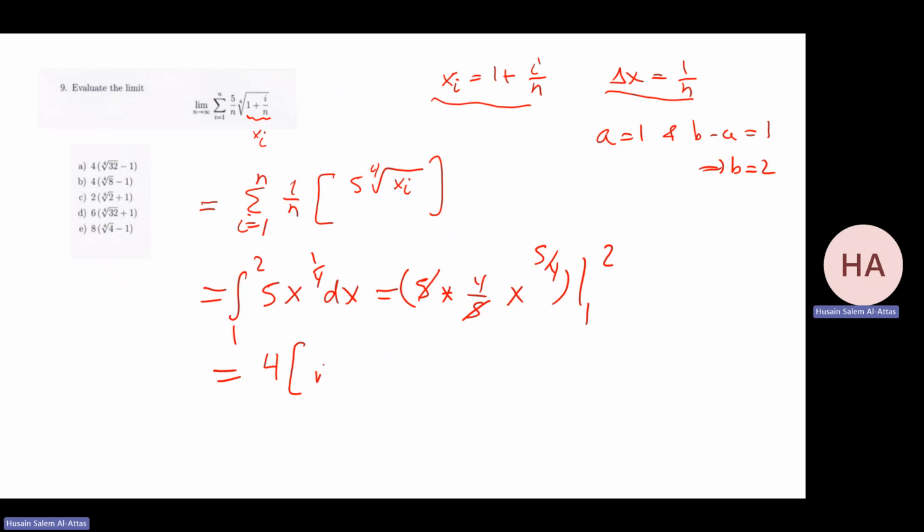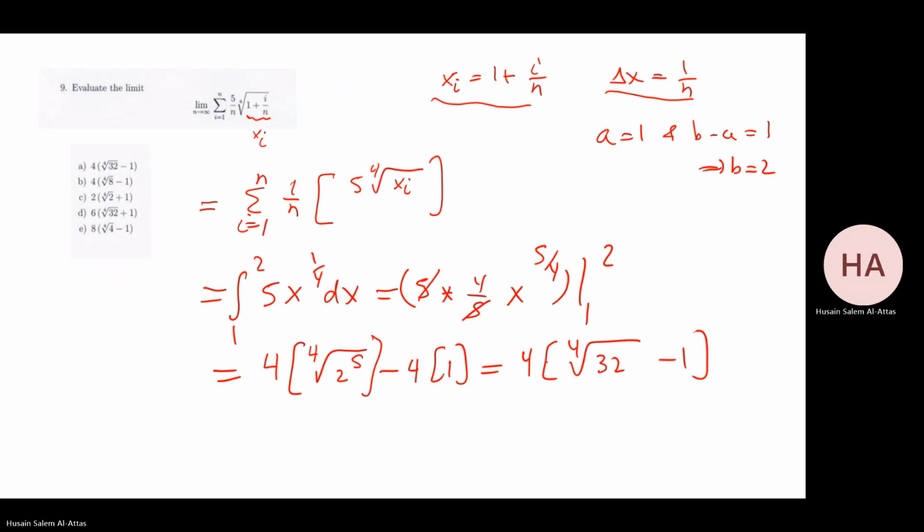This is the fourth root of 2 to the power 5 minus 4 times 1. So it will be 4 fourth root of 32 minus 1, which is this.